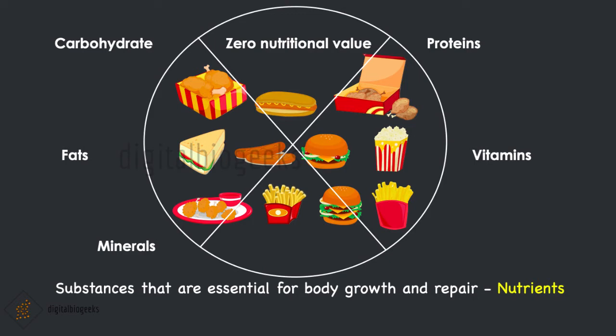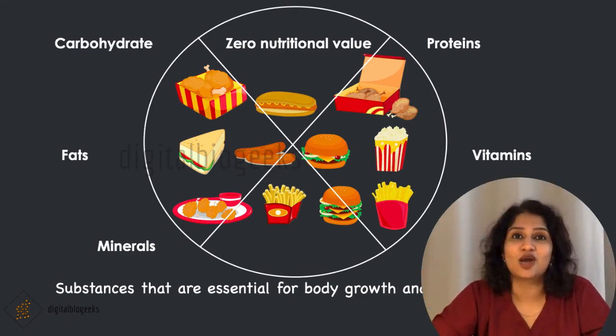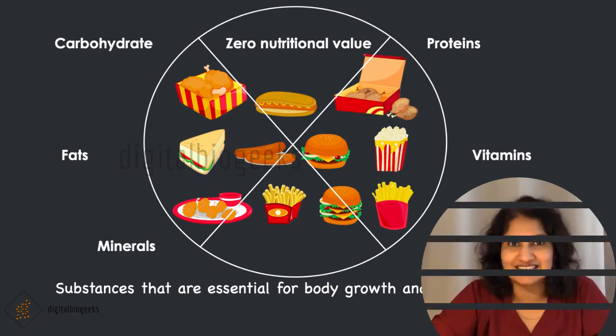All living organisms need food for their growth, but only plants can synthesize their own food from their surroundings. All the other animals, including humans, have to depend upon plants for their survival.